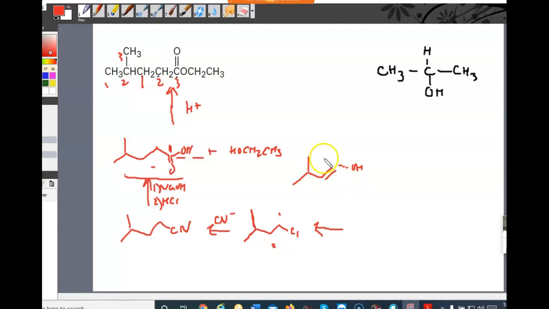However, this is impossible to make. If you're trying to go a double bond route, you can't do it, because if I put an OH right here and you eliminate it, it would go Markovnikov. So you can't go through the double bond route. You have to put on each carbon individually. So in order to make this chloride, there is no easy way of doing this. You just have to do 1 carbon at a time.